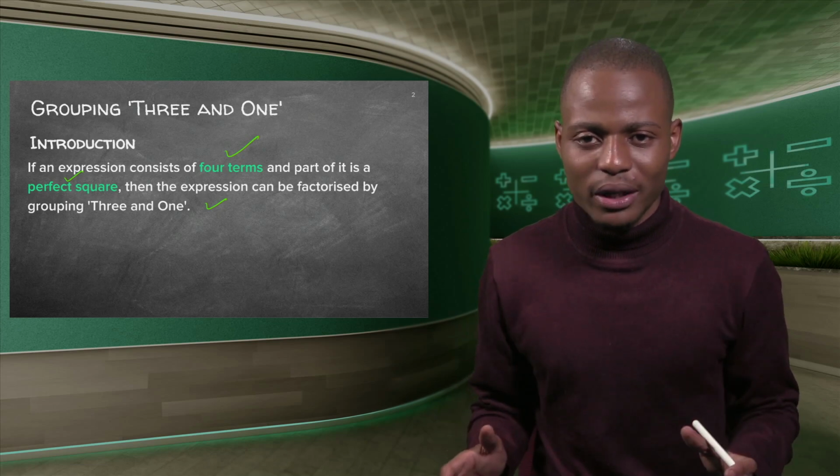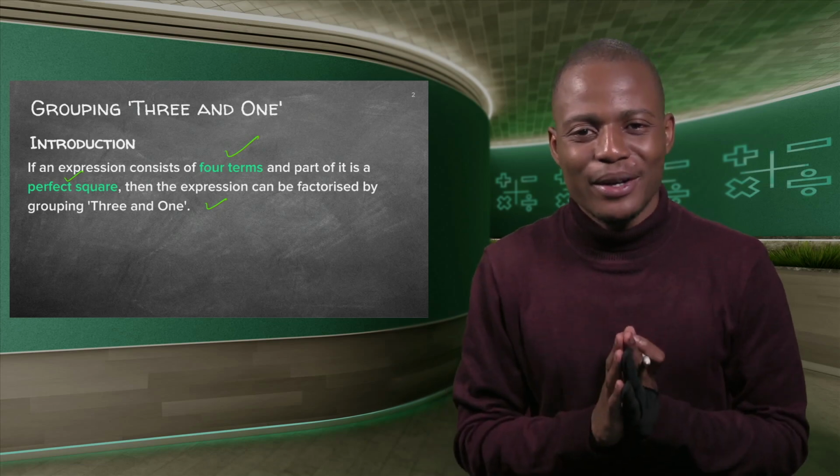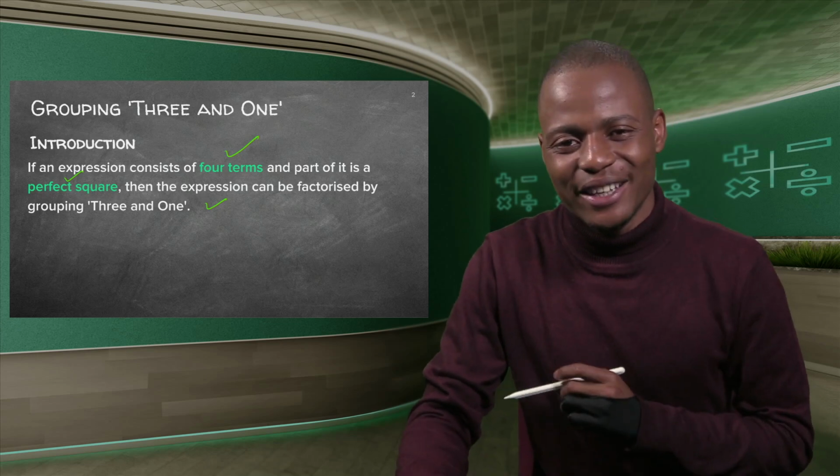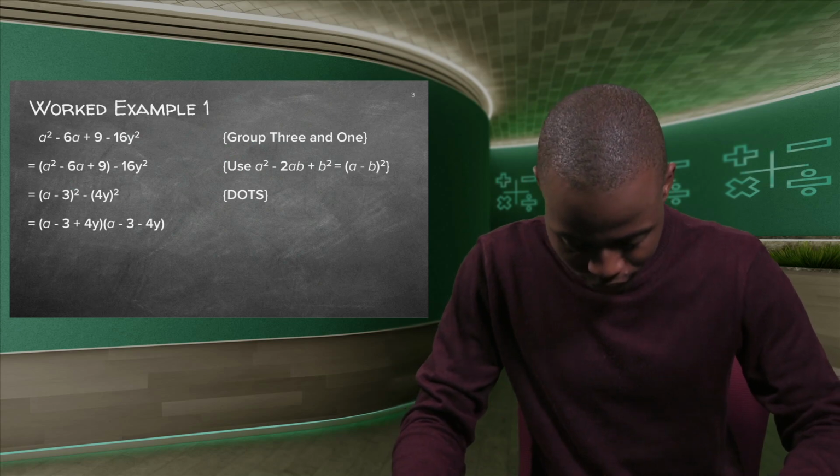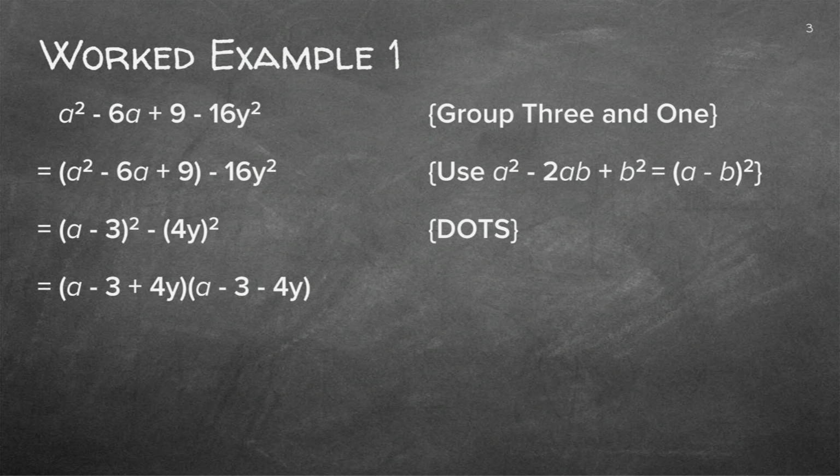So I have an example ready for you, and please grab your pen and paper because you will need this, okay? So the first example looks at how grouping 3 and 1 works. So you are given a squared minus 6a plus 9 minus 16y squared.